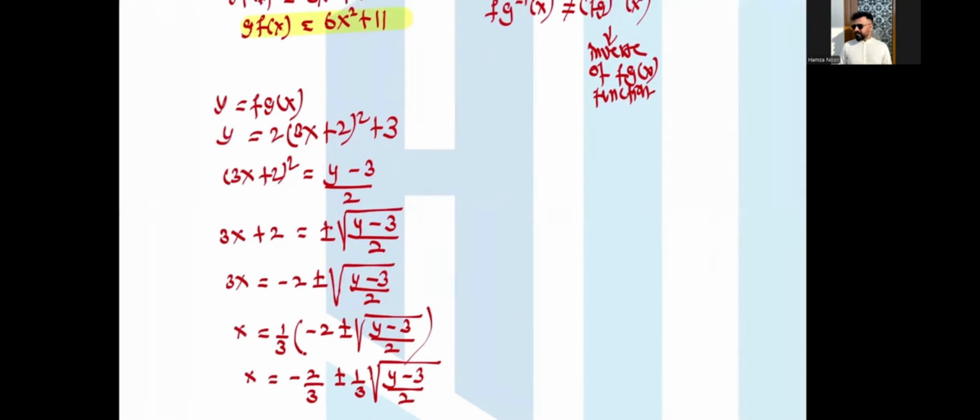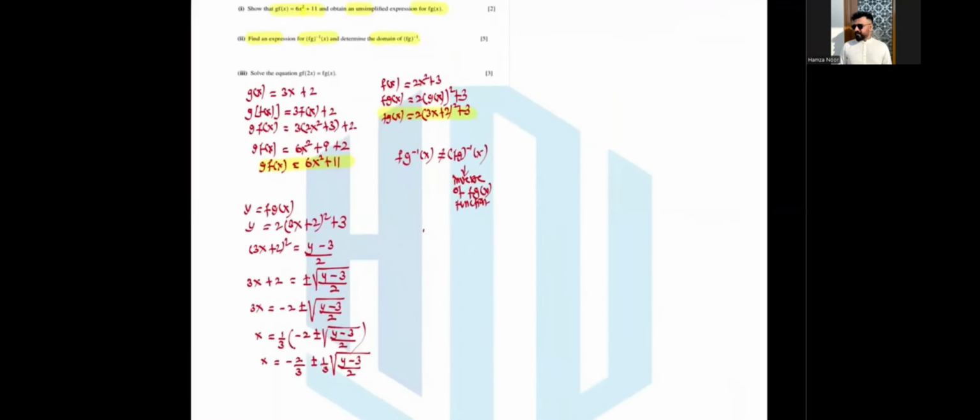So first of all, we need to find the domain of the composite function fg(x). As we know, the domain of the composite function is either the same as the domain of the inner function or else lies inside it.